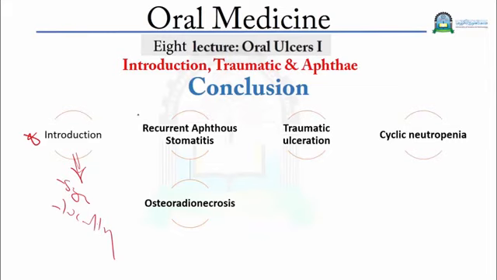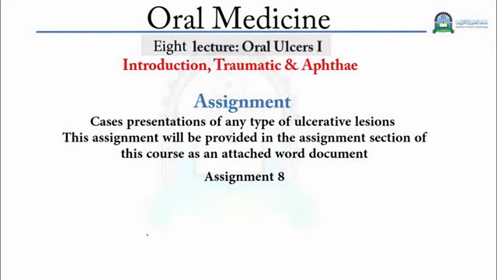We spoke in detail about 4 types of ulcerative lesions, starting with recurrent aphthous stomatitis, minor, major, and herpetiform, and also traumatic ulceration, cyclic neutropenia and its management and investigation, and finally we talked about osteoradionecrosis and its management and prevention.